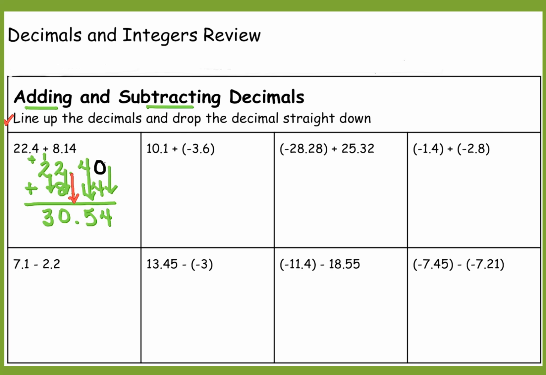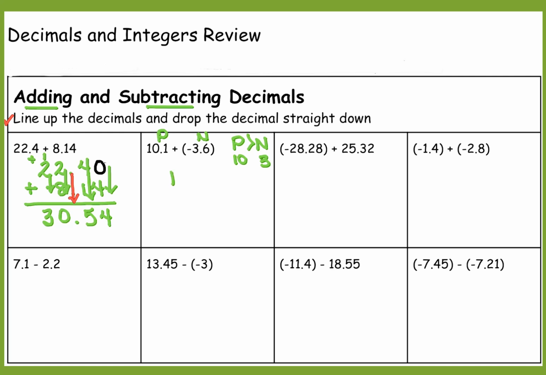In this next problem, we are adding a positive number and a negative number. So we remember when we're adding these two different numbers, it depends on which value is larger. So when we compare our positive and our negative, we have 10 positives approximately and 3 negatives. That means we have more positives than we have negatives, so our answer will be positive.